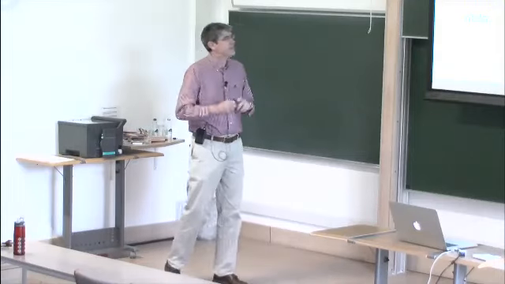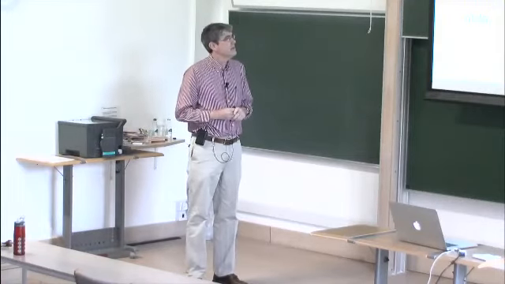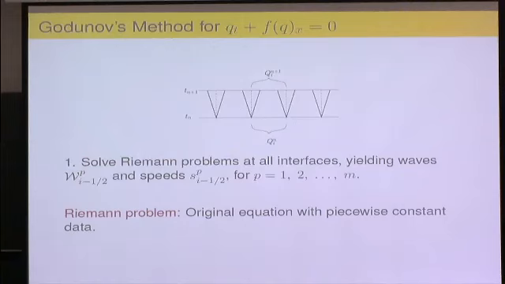And the basic method that everything that we look at is sort of based on is what's called Godunov's method, which was developed in the 50s, originally for gas dynamics, compressible gas dynamics problems. And the idea in one space dimension, if we look at the x-axis and then time going upwards, is that you view the solution at time tn as a piecewise constant function with cell averages given by Q_i^n at this time.